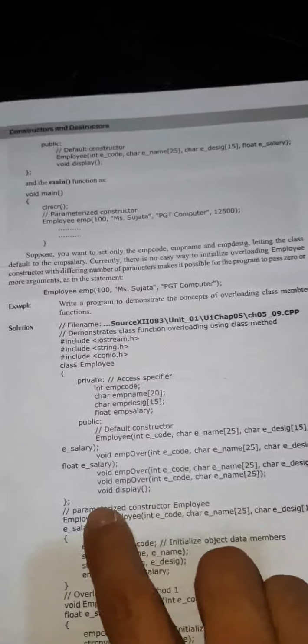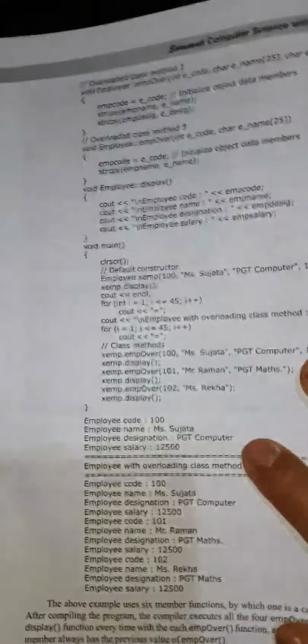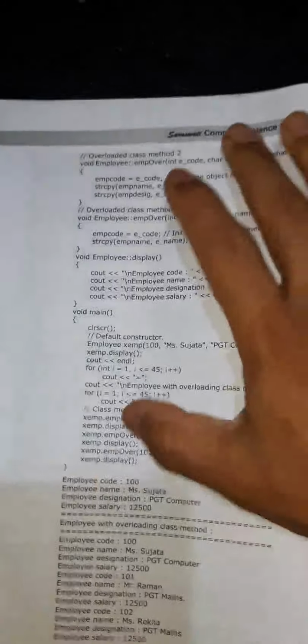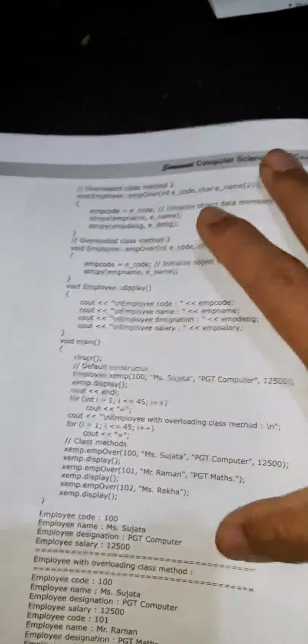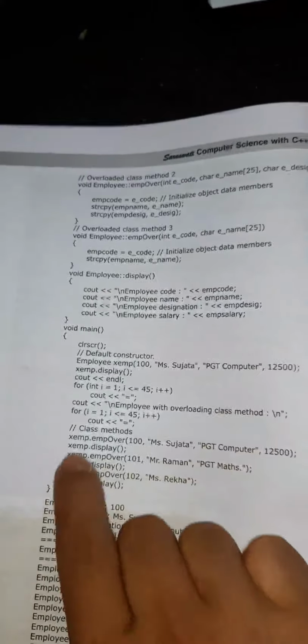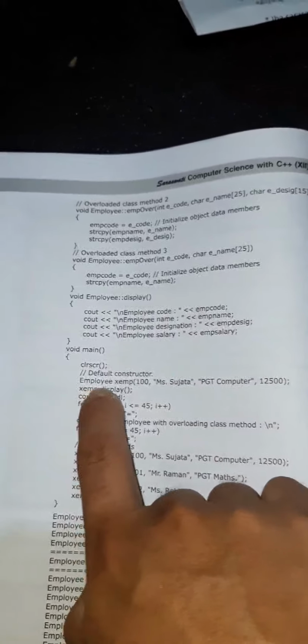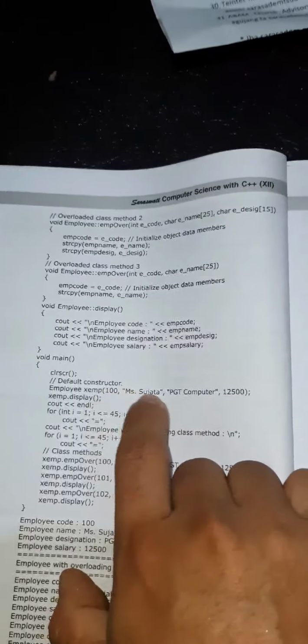Okay, so under the main function, yes, the program seems lengthy, but like I said, once you understand the concept, it quite becomes easy. Okay, so here you have your call to the parameterized constructor.